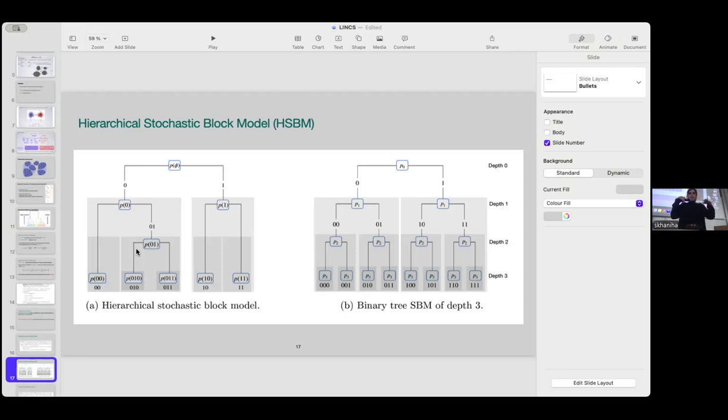When the nodes are lower, the probability is higher; when we go up, the probability decreases. Also, this probability should be decreasing, for example, fast enough. We should have some condition like that.